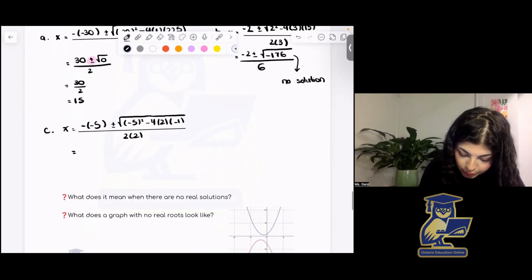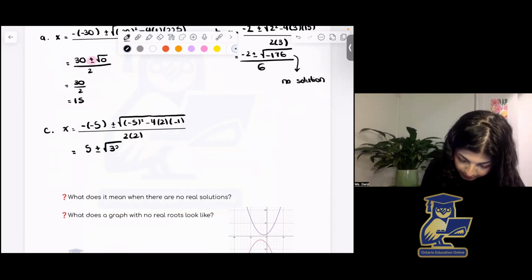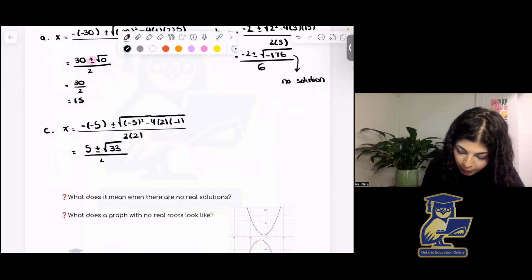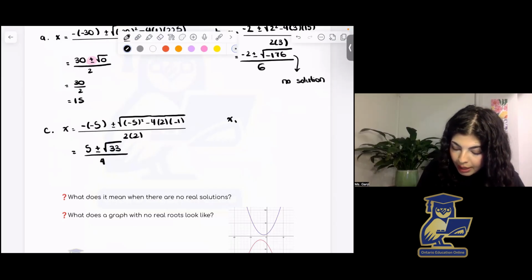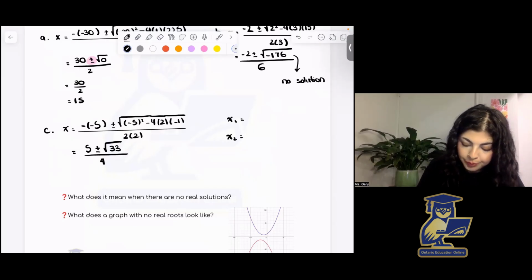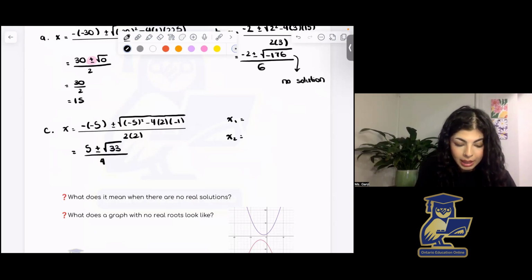And solving this, you should get 5 plus or minus square root of 33 over 4. And now you will try x1, x2 by one time adding and one time subtracting.